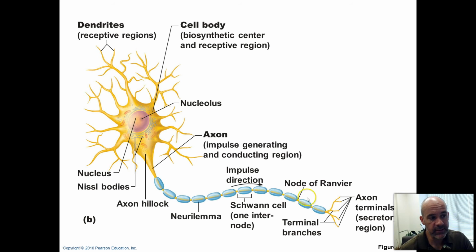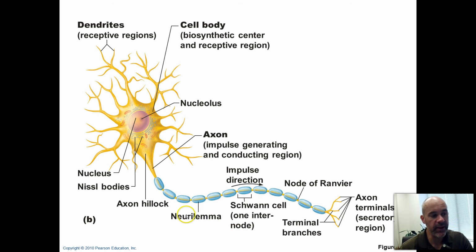Motor neurons have Schwann cells, these little blue ovals here. Remember, those are called Schwann cells, and they actually produce a substance called myelin, and myelin wraps around the axon and insulates it. It helps allow conduction of the action potential, that nerve impulse, to move a whole lot faster along an axon.